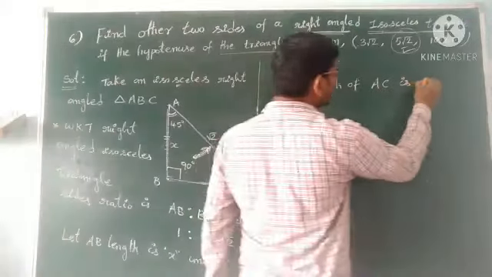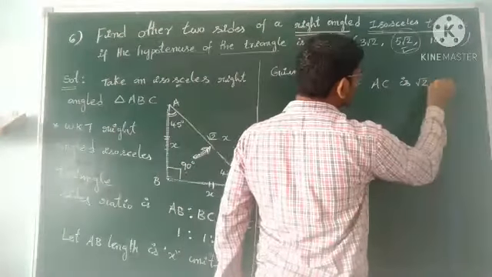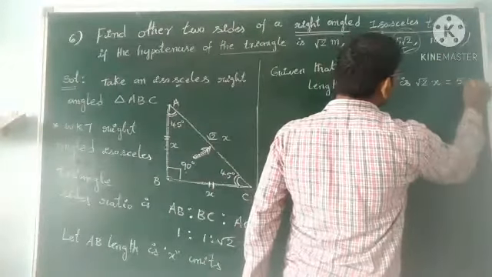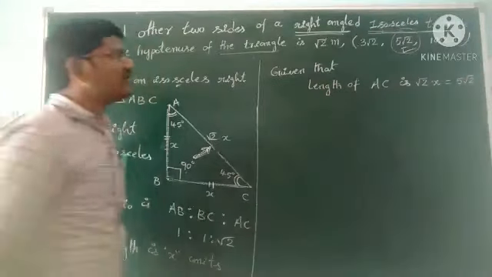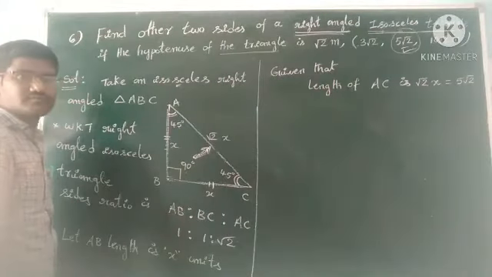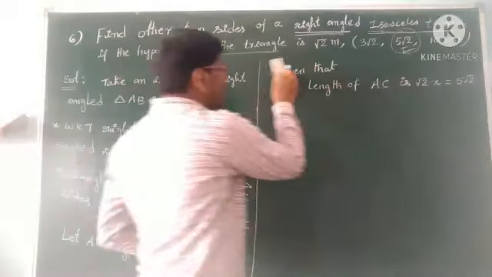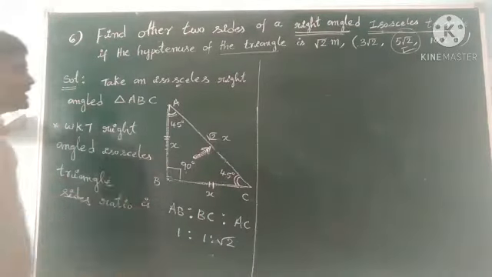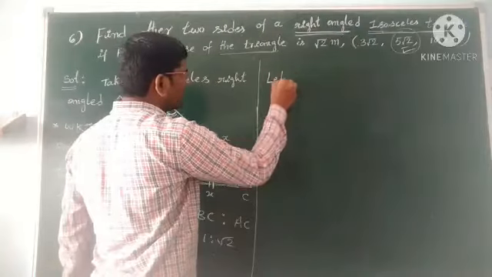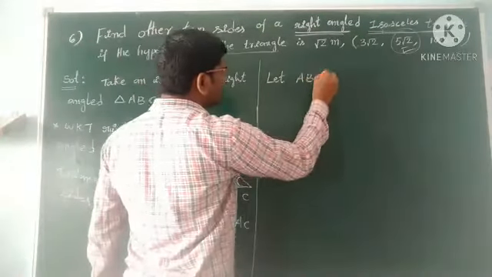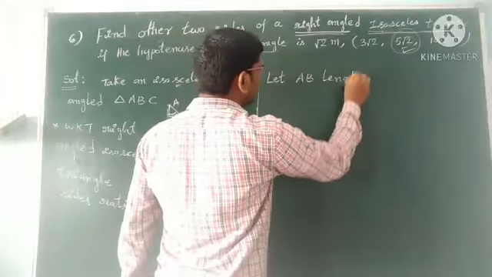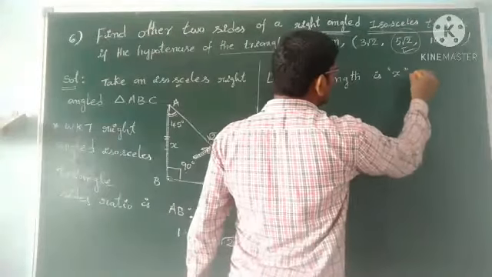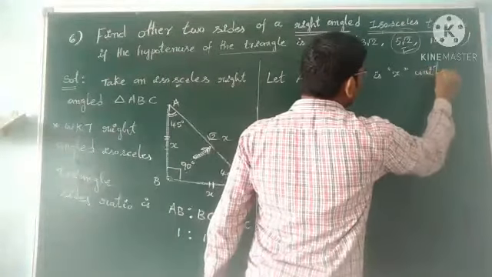So the length of AC is root 2 into x. Its value he has given us as 5 root 2. Okay students, so what I am doing, see my dear students: let AB length be x units.